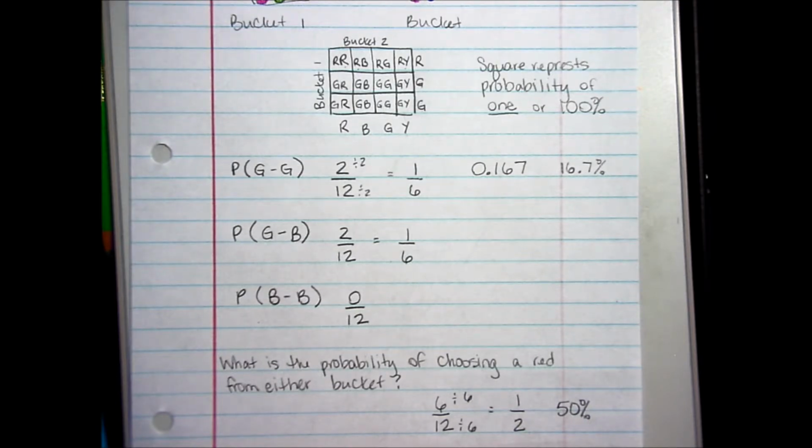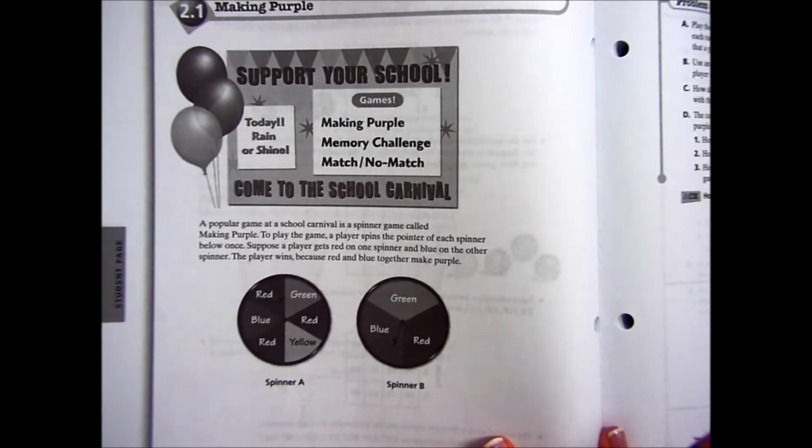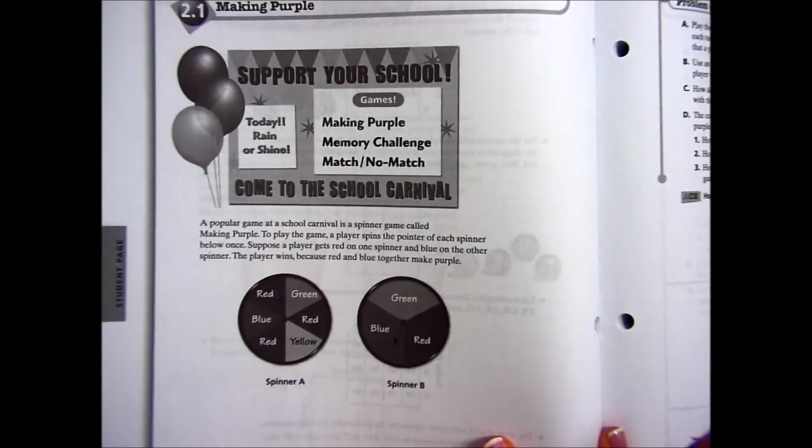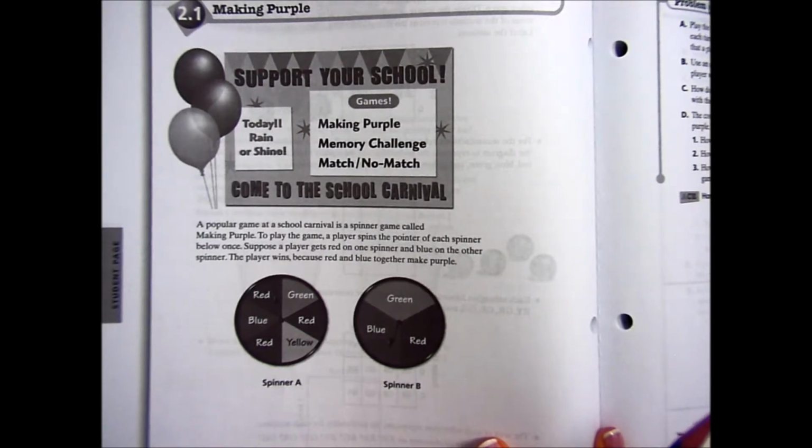All right, if you'll look over at page 22, we can see another type of game. It's called Making Purple. So, here's their carnival game. It says the popular game at the school carnival is a spinner game called Making Purple. To play the game, a player spins the pointer of each spinner once.